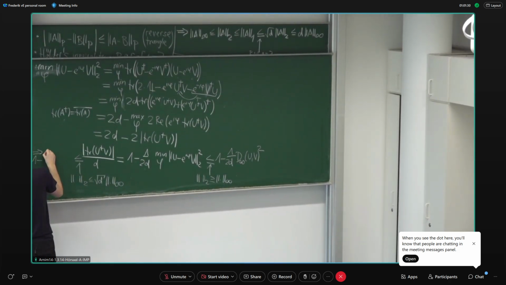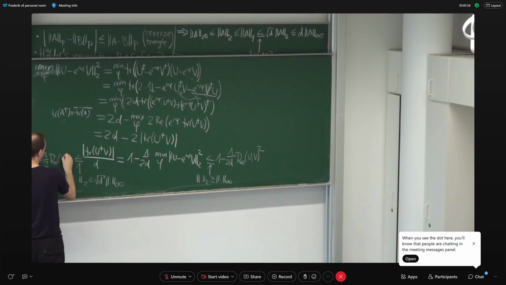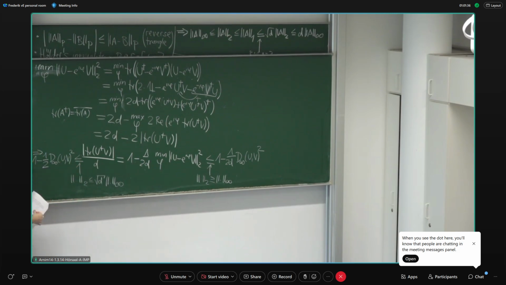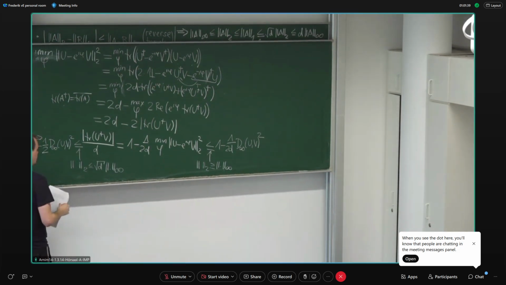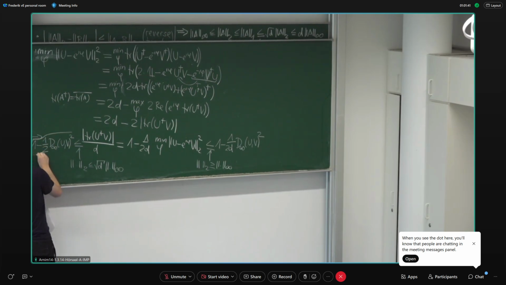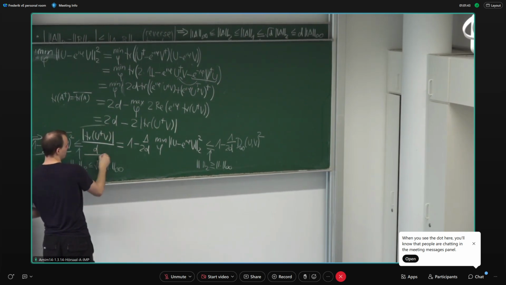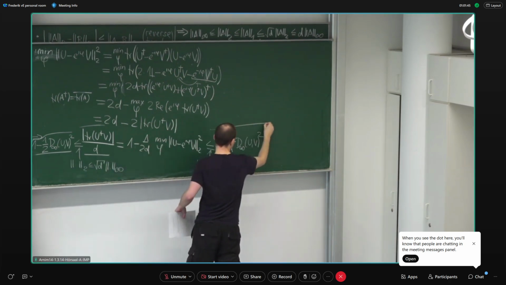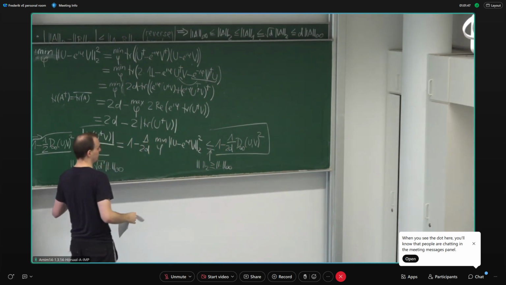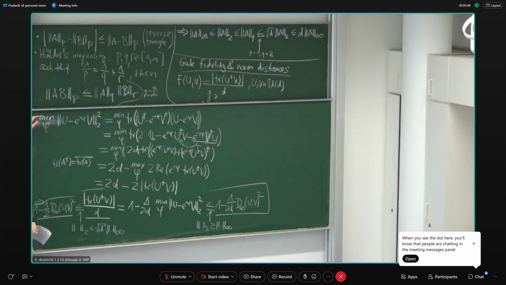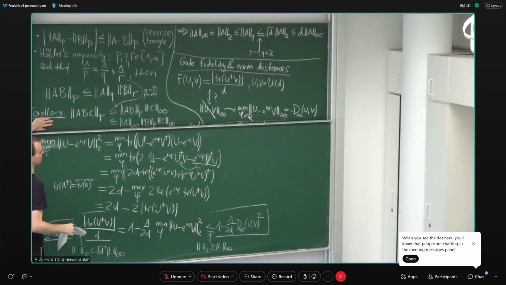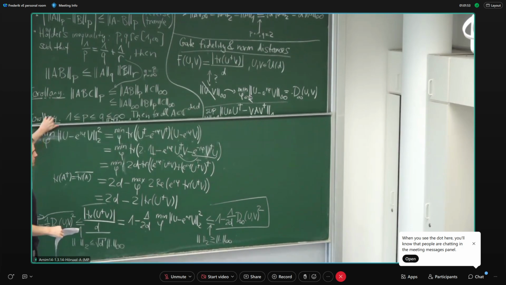So this will be 1 over 2, squared. So that's the relation. That's one relation. I guess you can find other inequalities too. This was just to give you a feeling for how one usually works with these operator norms.